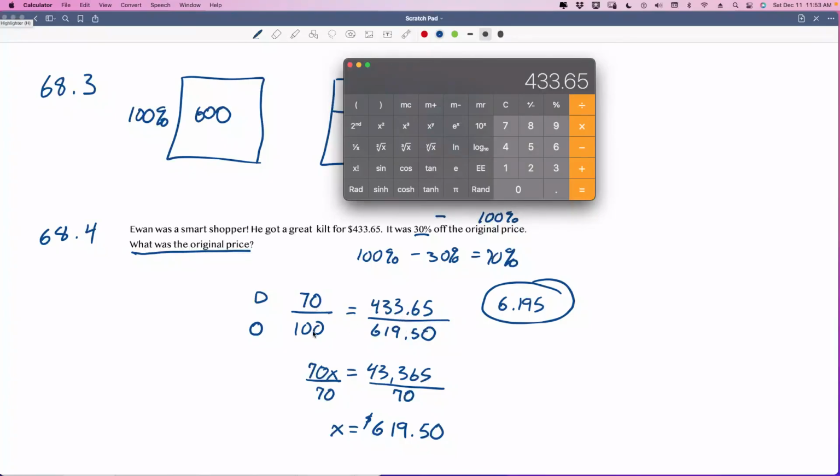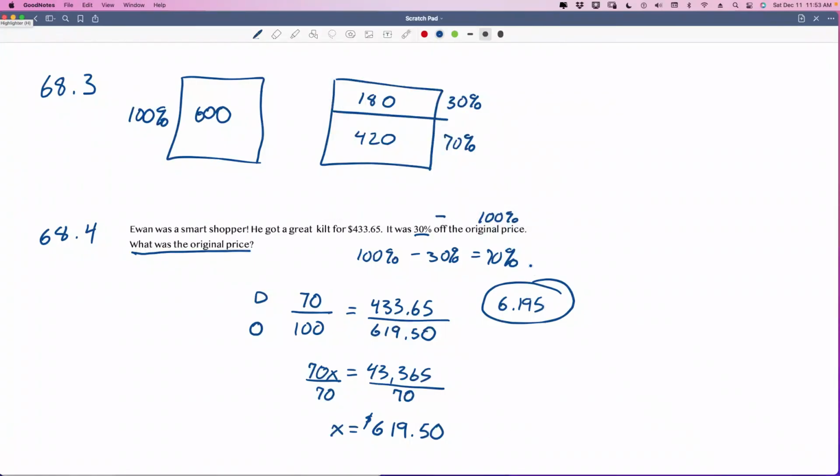So when we can multiply both numbers by the same factor and get this fraction, then we know that the answer that we have received down here at the bottom is correct. That is a way to check your work. All right, and that is the last problem we have for this lesson. So I will see you in lesson 69.